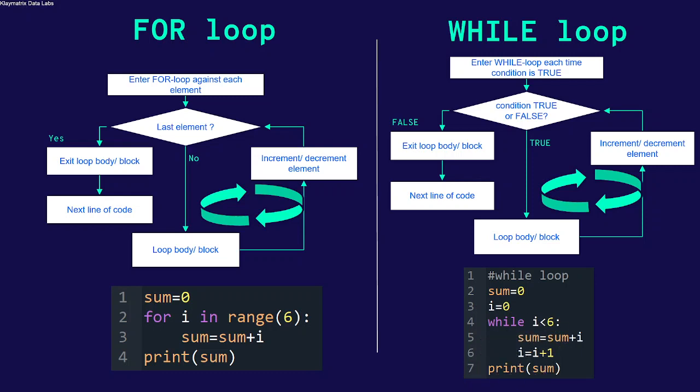It goes to line number 7 here, which is the line after the while loop. And we know that this is the end of the while loop because the indent is gone. So basically you'll see that these are the main points of difference: in a for loop you look for the last element to exit the loop, whereas in a while loop you look for the condition being set to false to exit the loop.